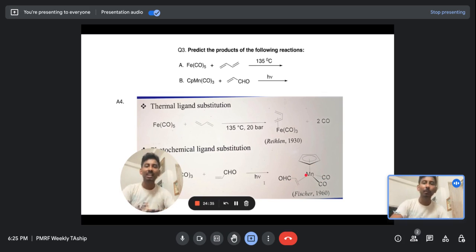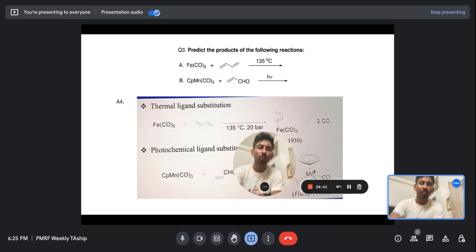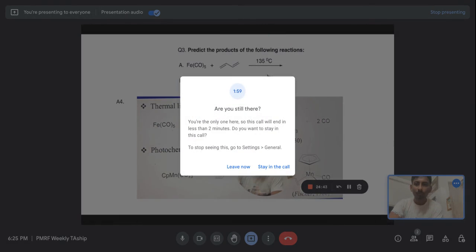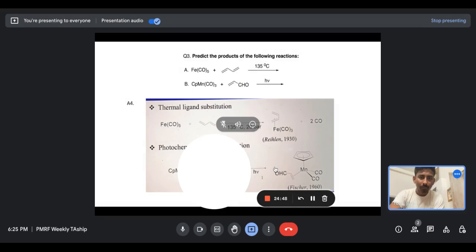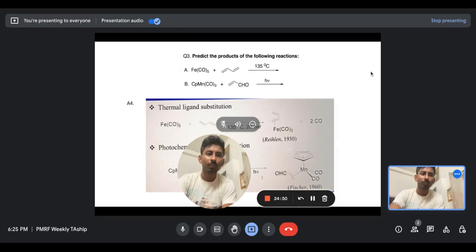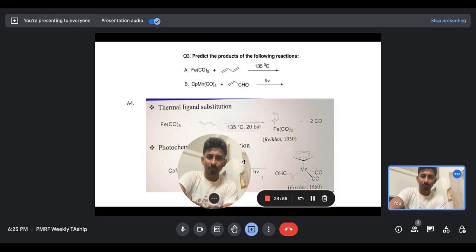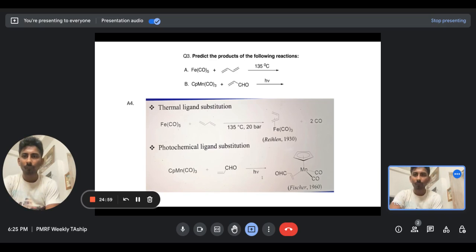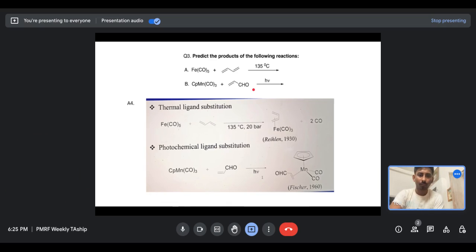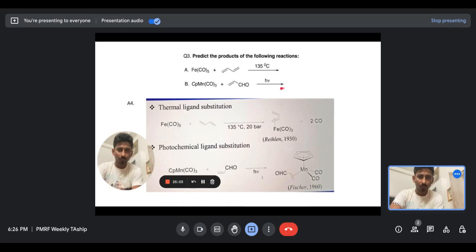So this is a classical example of photochemical ligand substitution, where the employment of h nu is the driving factor.